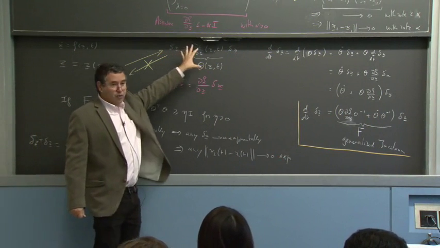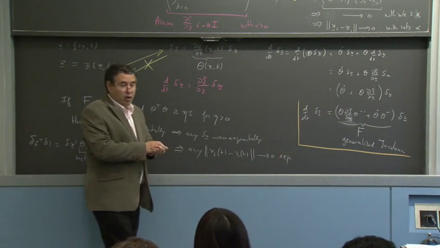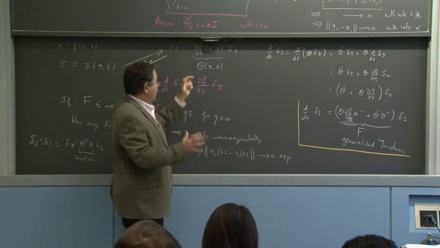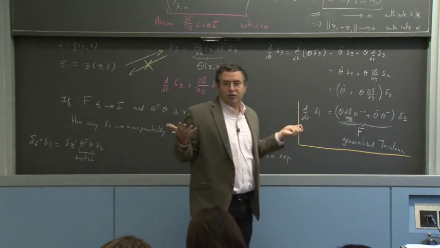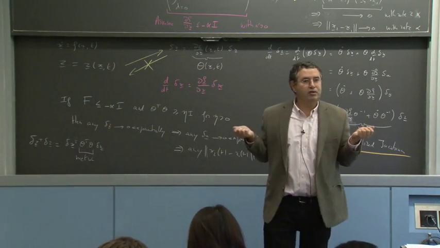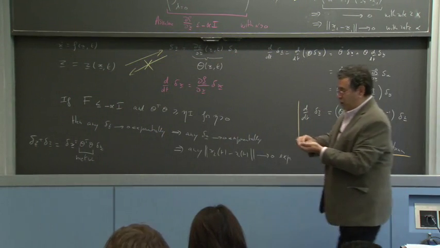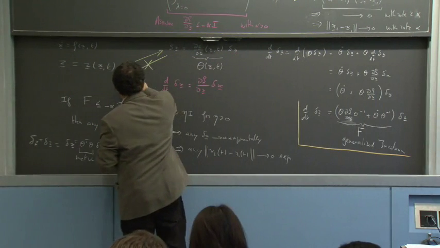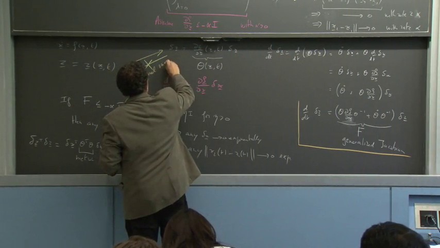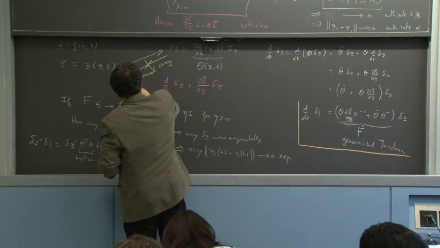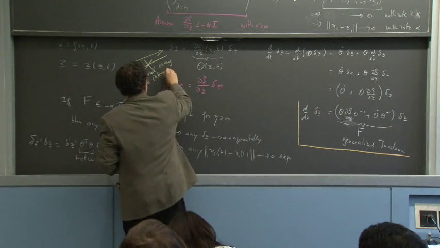This form is much, much more general than this form, because in general, if I compute theta delta x, I can call it delta z, but it doesn't mean z exists. I can just give it a name and call it delta z. But in general, it may not be integrable. Not any vector is a gradient.